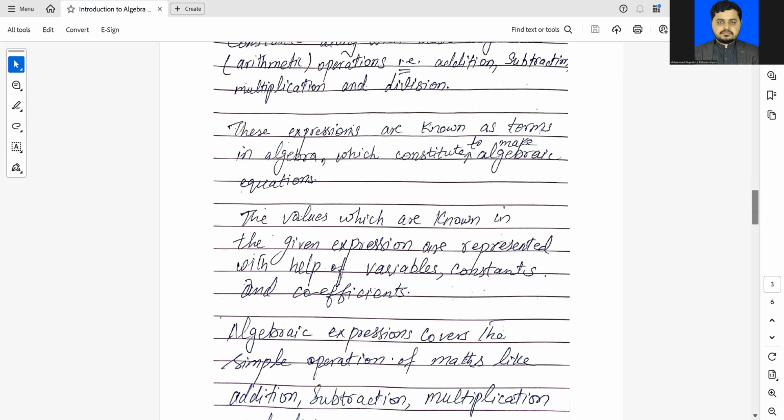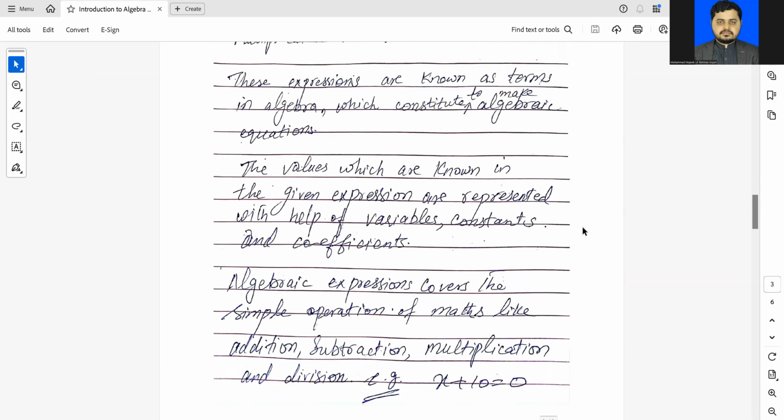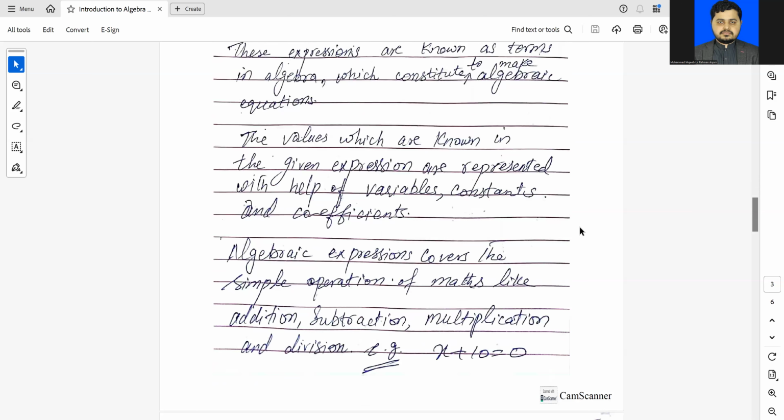Like we have seen in the above example, x plus 10 equals 0. The values which are known in the given expression can be represented with the help of either variables or constants or coefficients.